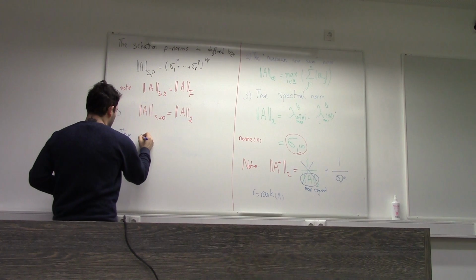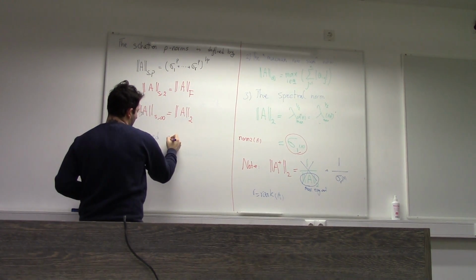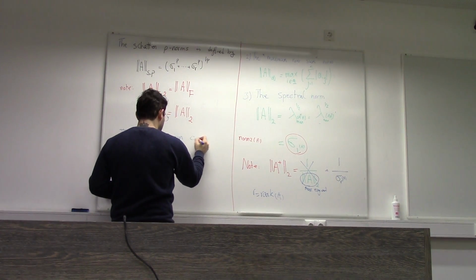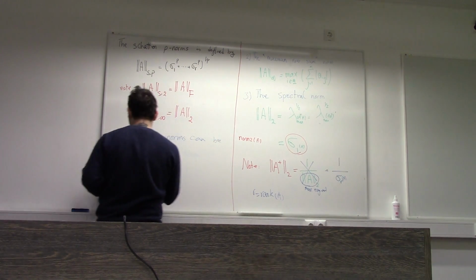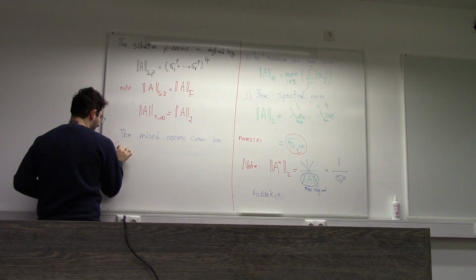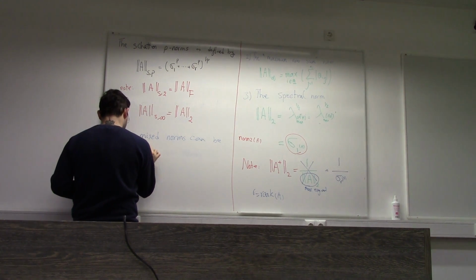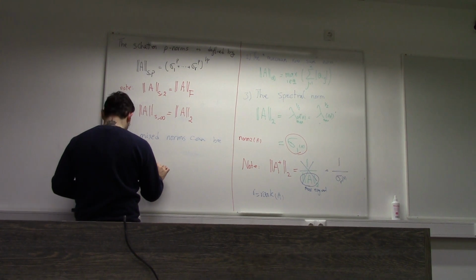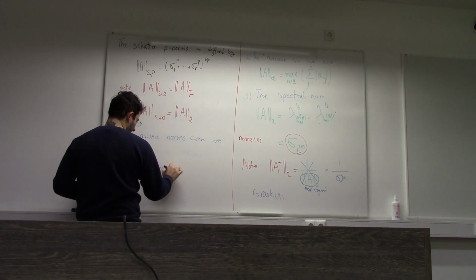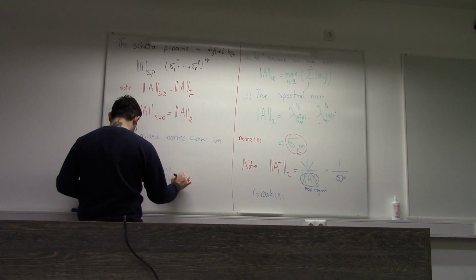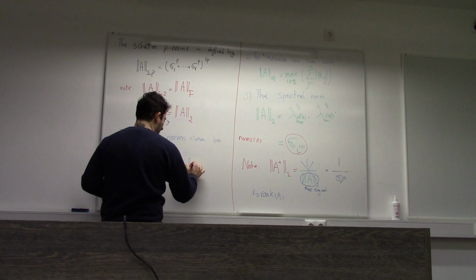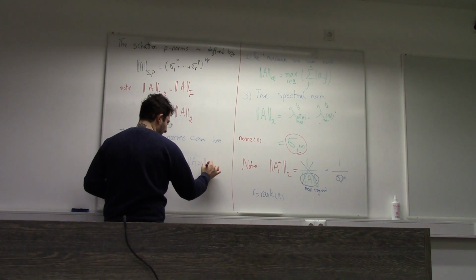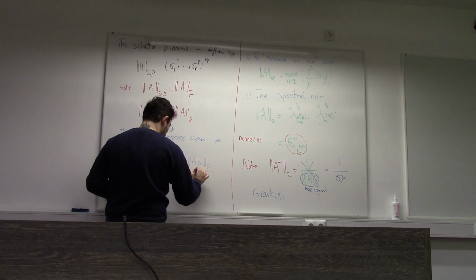The mixed norms can be defined as: norm of A, P and Q is the maximum over X not 0 of the norm P of AX divided by the norm Q of X.